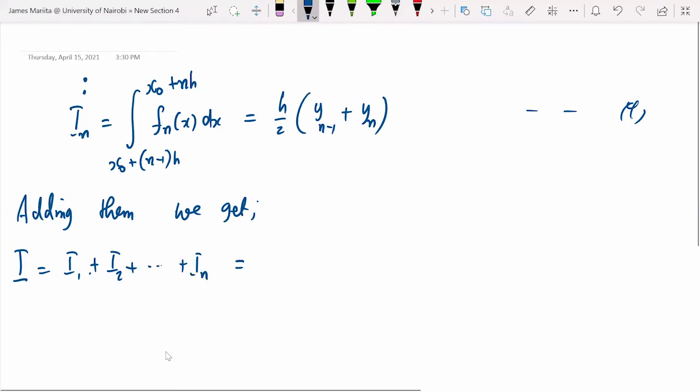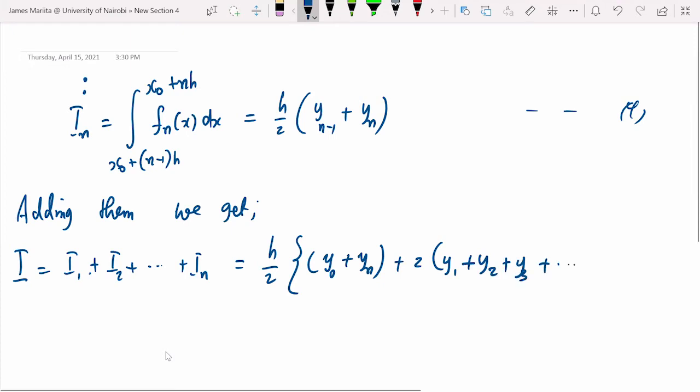So this will be equal to h over 2 times y naught plus yn, then plus twice y1 plus y2 plus y3 and so on plus y(n minus 1).